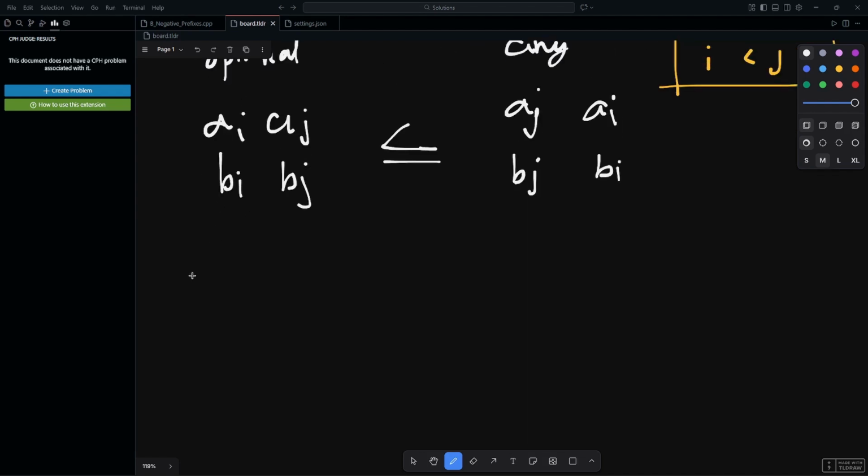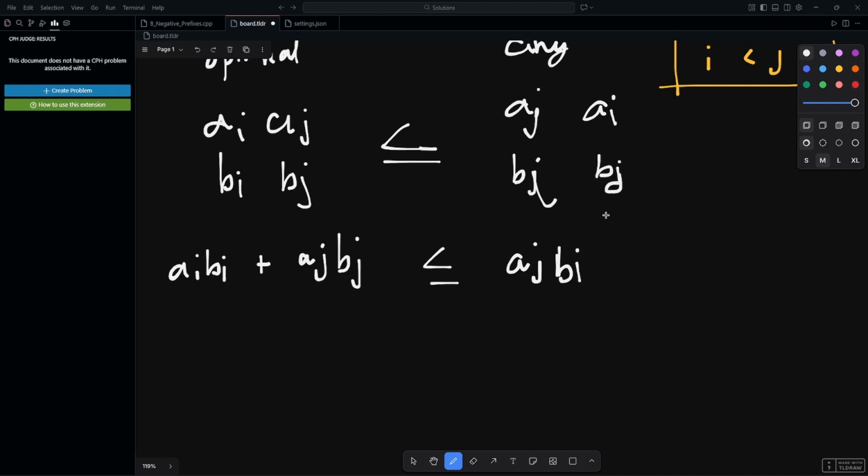So now if I calculate the dot product for this, AIBI plus AJBJ is less than or equal to AJBI, this is I by the way, and AIBJ. This is what I'm saying.